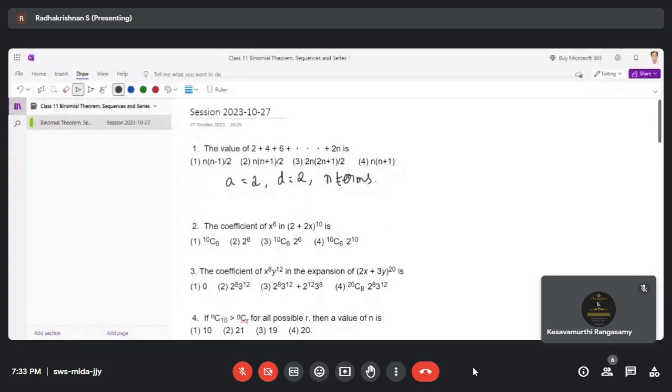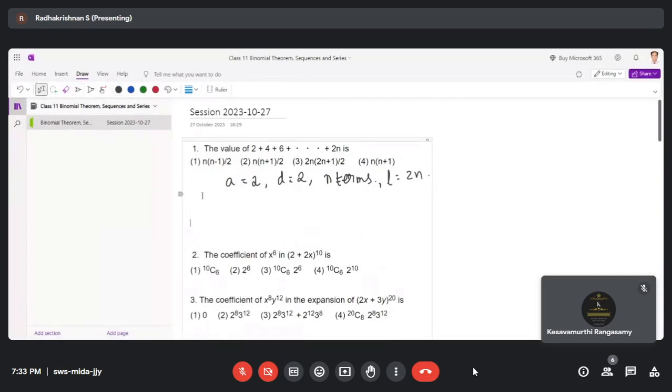So sum to n terms. The last term is 2n. That means the formula for the sum of an arithmetic series is n by... What is the formula for an arithmetic series using a, l and n? There is a formula.